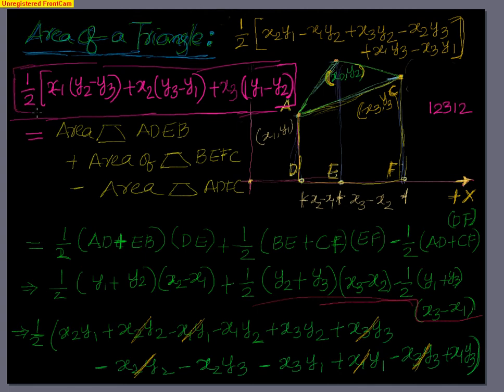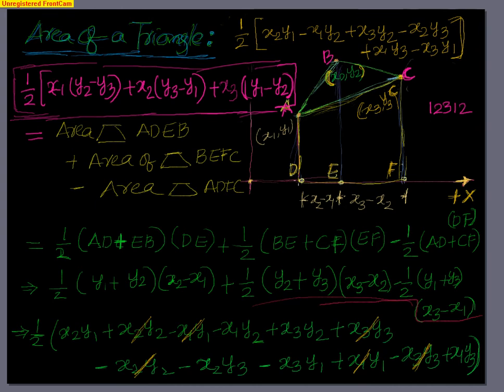Okay, area of triangle. Let me summarize that before I close this. Right, we have taken x-axis and y-axis. We have to find out the area of this triangle A, B and C. Okay, right. Now to find out the area of triangle, what I have done, I have drawn perpendiculars from each coordinate to x-axis.